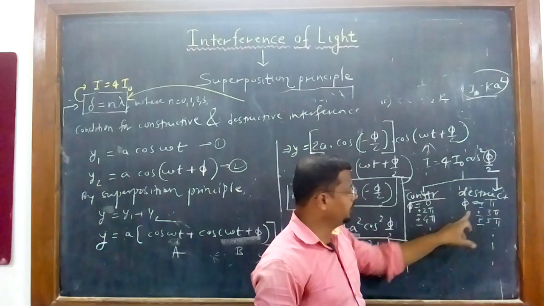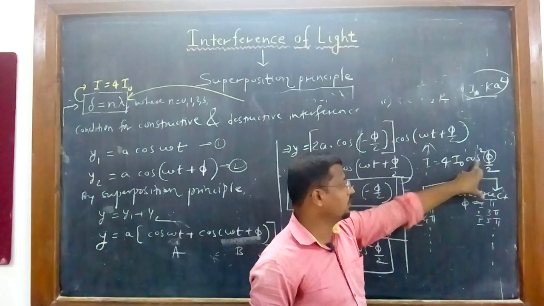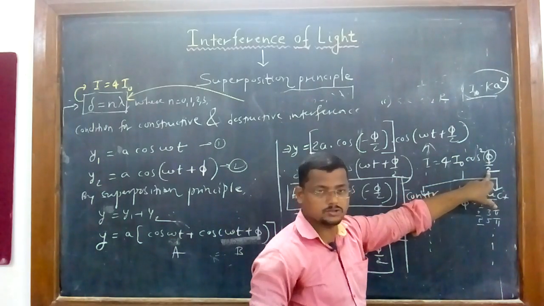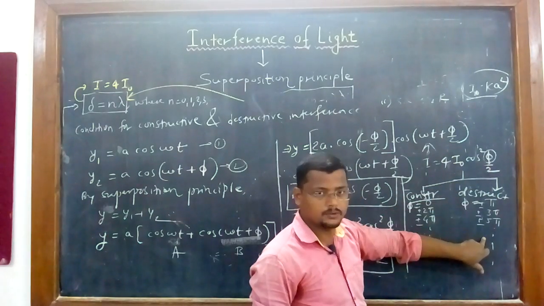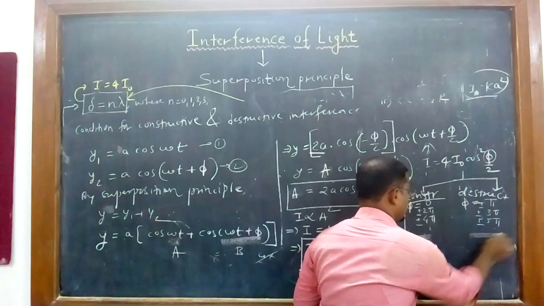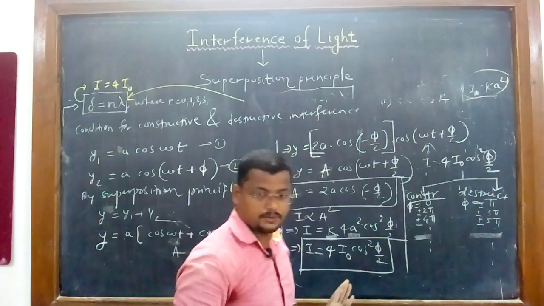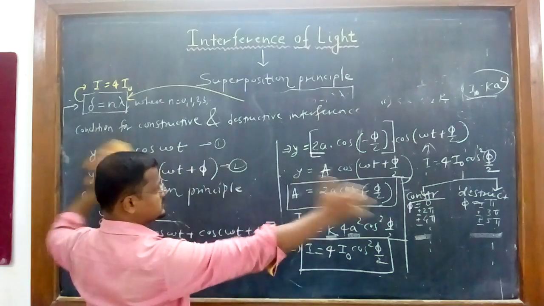The moment I keep the phi value equal to pi, so pi by 2, cos of pi by 2, cos of 90 is how much here? 0, and cos 90 is 0 means everything is 0 here. Cos of 3 pi by 2 again 0. So these are your conditions here. I hope this concept you have understood.